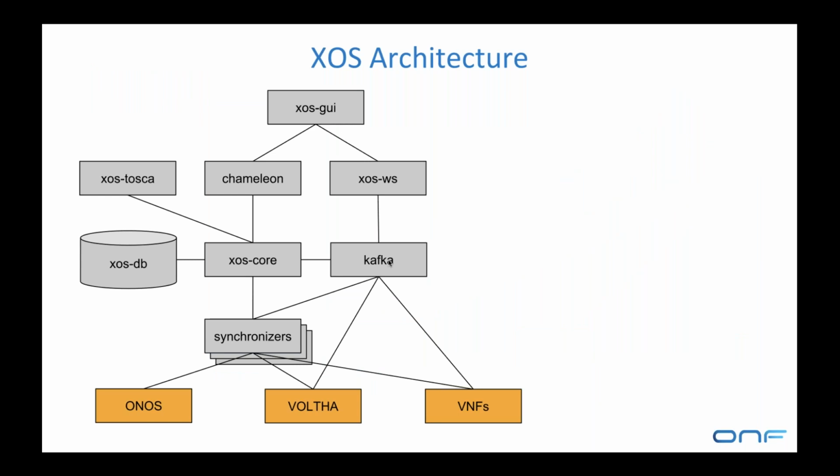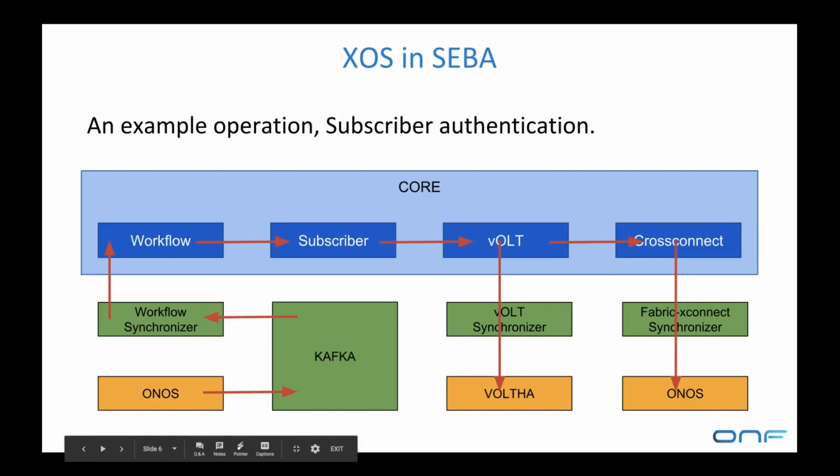There is just one platform-wide Kafka that is the same that XOS uses to publish and listen to events. If we compare with the other slide when you had the workflow, subscriber, the OLT and stuff like that, it's only the trigger which is picked up from Kafka. The other modifications or changes in the model are done within the core itself.